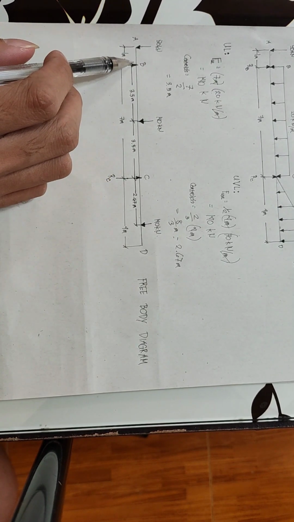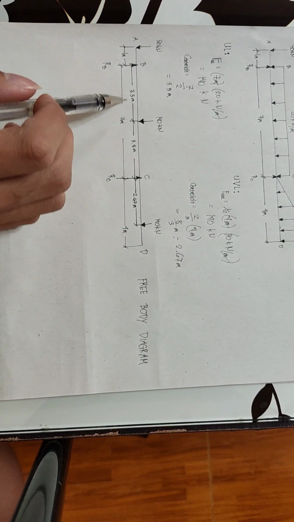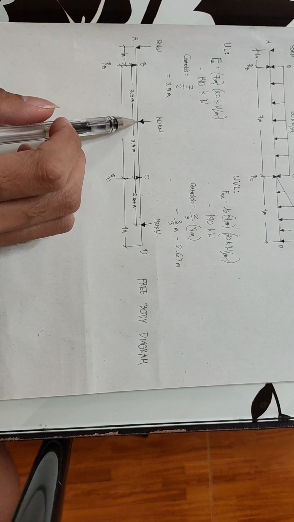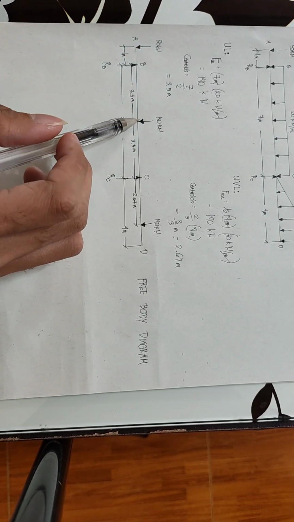So from here we move 3.5 meters, so here it is 3.5, and we place this force of the uniform load here.